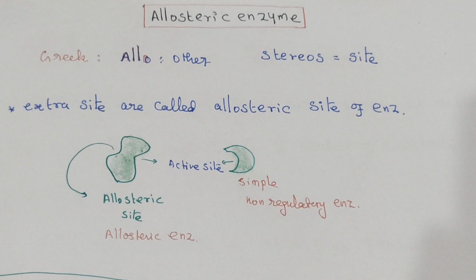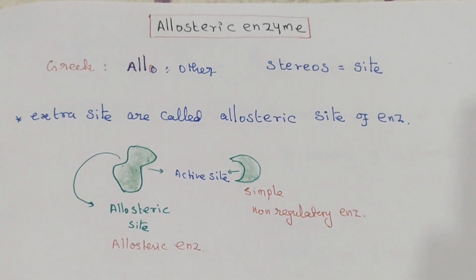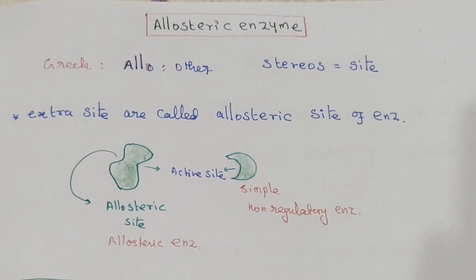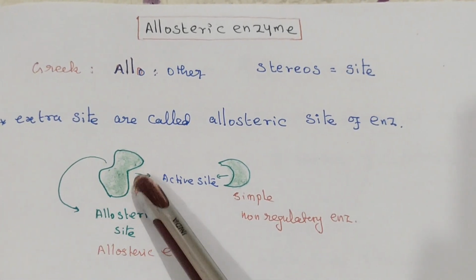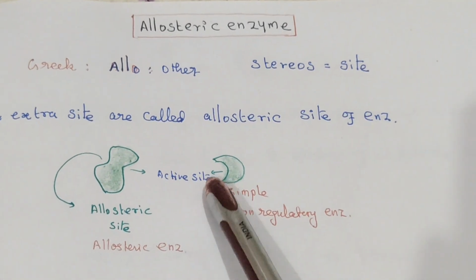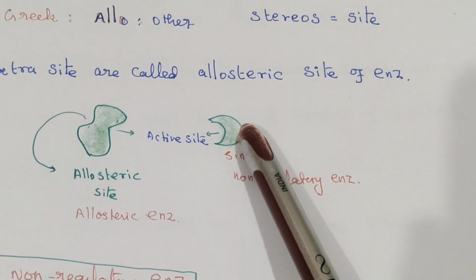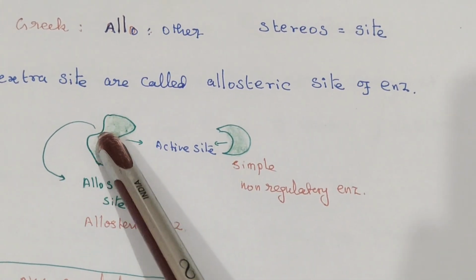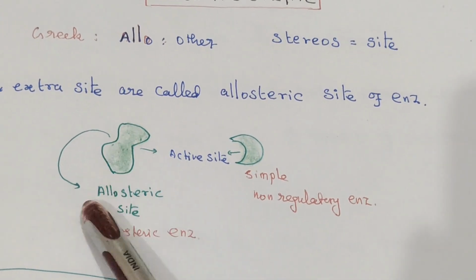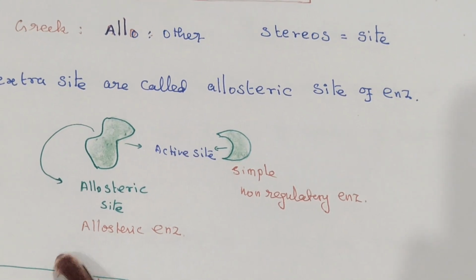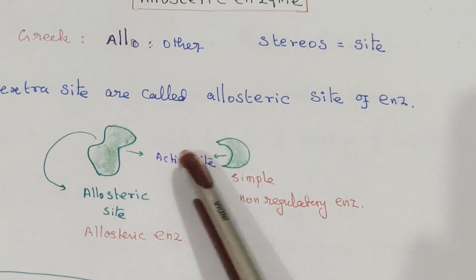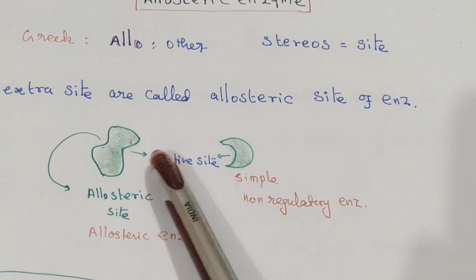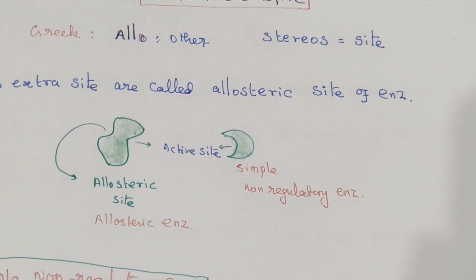An enzyme which contains this site is called an allosteric enzyme. This one is the simple non-regulatory enzyme; it doesn't have an extra site. But here the enzyme has an extra site, the allosteric site, so that enzyme is called an allosteric enzyme. This one is the normal enzyme, it has an active site. Both of these are active sites, and this one is the allosteric site.